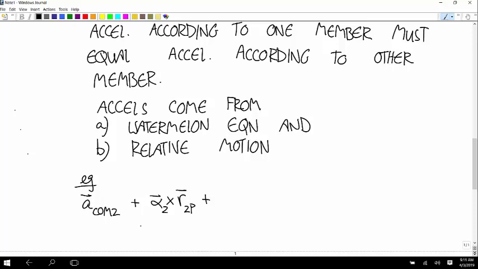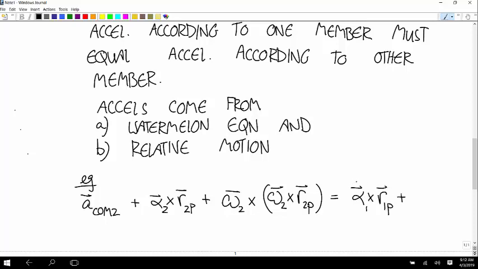These don't really mean anything right now. I'm just saying that, according to member 2, I'm writing the acceleration of that point at the joint. And then we have to set that equal to the acceleration of that point according to member 1.